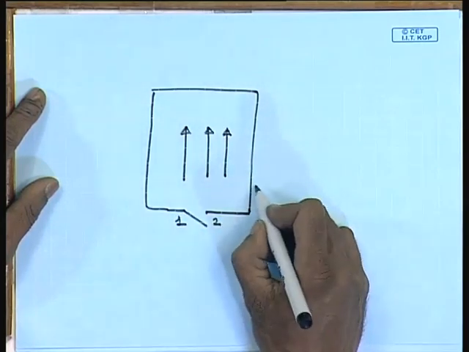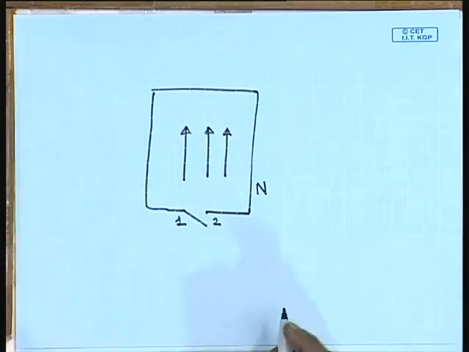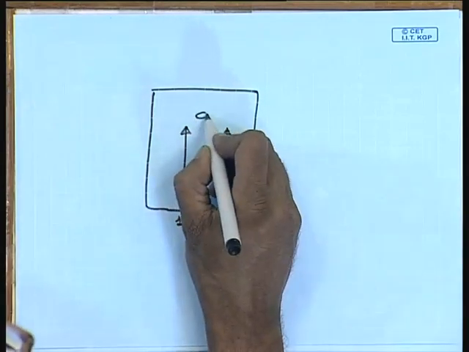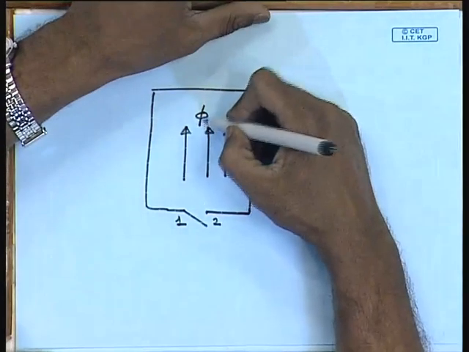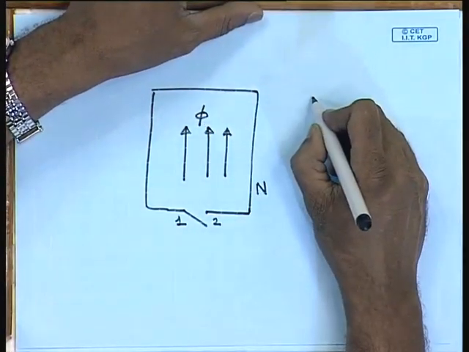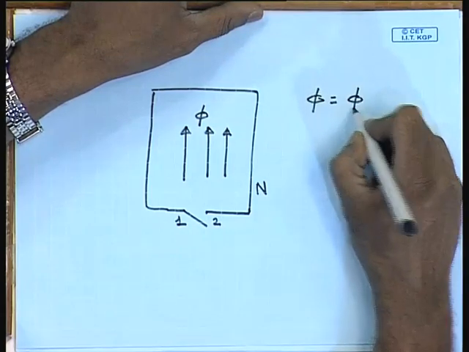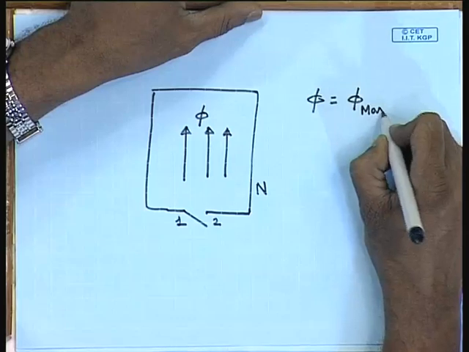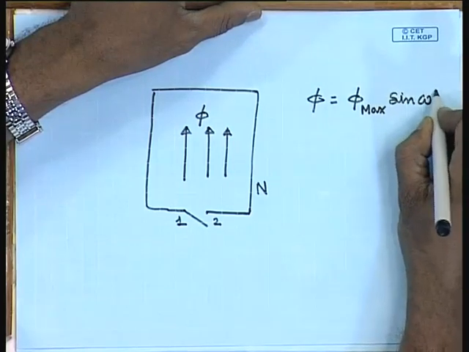This is a coil with, let us say, n turns, and there is a flux phi in this direction, and let the phi be varying in a sinusoidal fashion, phi equal to phi max sin omega t.